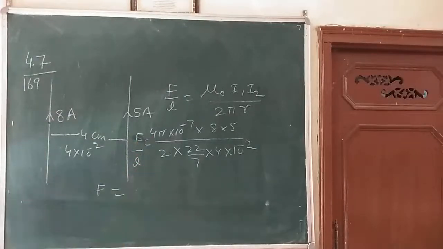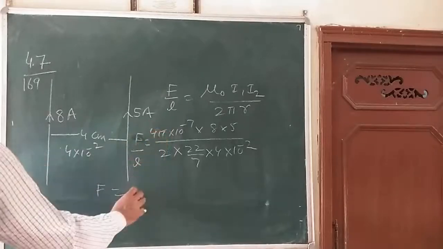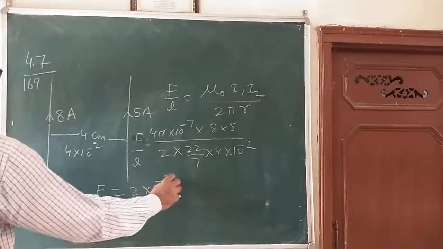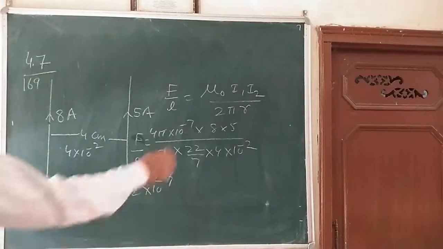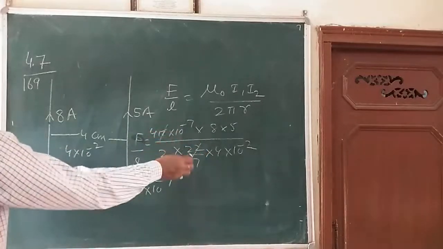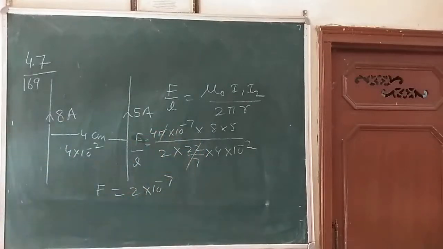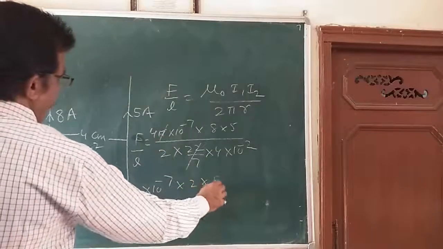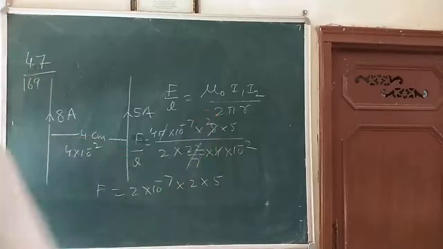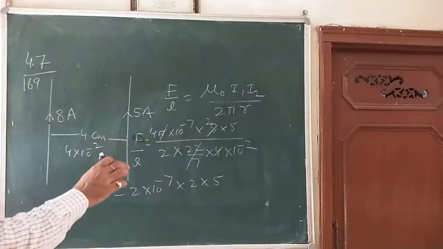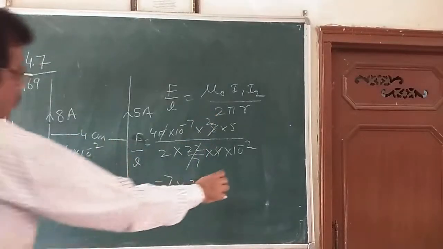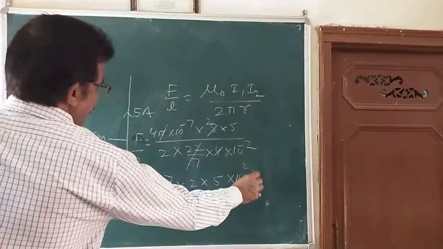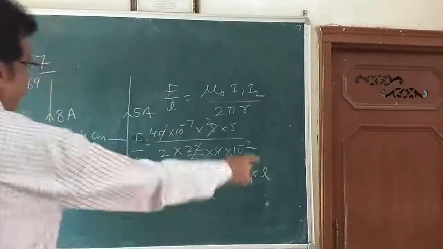Then F is equal to, put here 2 into 10 to the power minus 7. Cancel this; pi cancels with pi, this and this. No need to write it. So 2 into 10 to the power minus 7 into 2 into 5, this is cancelled by 2. So 2 into 5 into 10 to the power 2, take it up, into L. Here, this L is there.